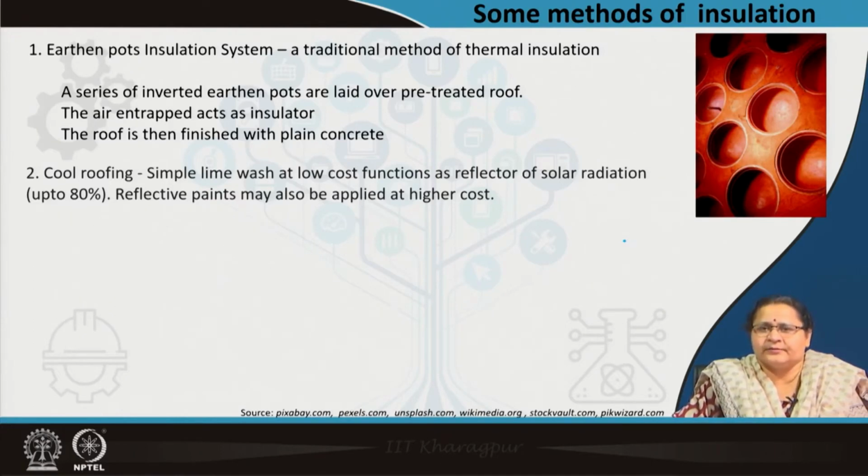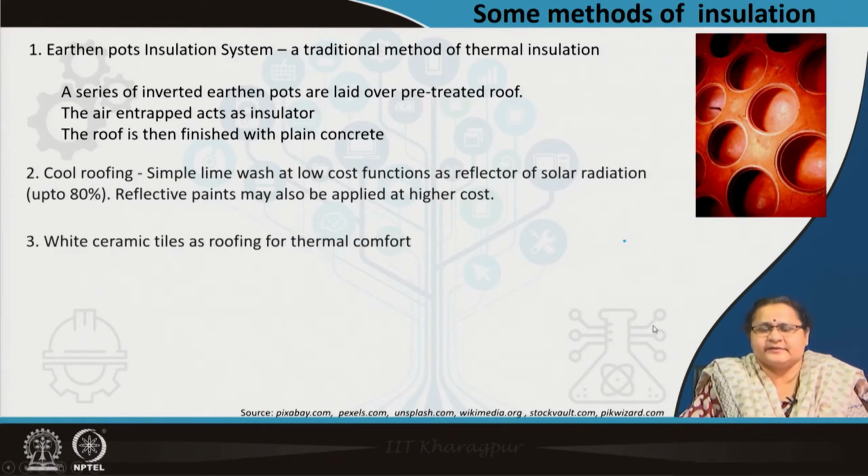It can help in taking away 80% of the radiation, and it is a very cheap method, but yes, there are problems. One may use the roof for some social purpose, for gathering, for keeping some items, maybe a kind of storage. Then this may not be that effective, but yes, it is an answer for insulation in a very different way.